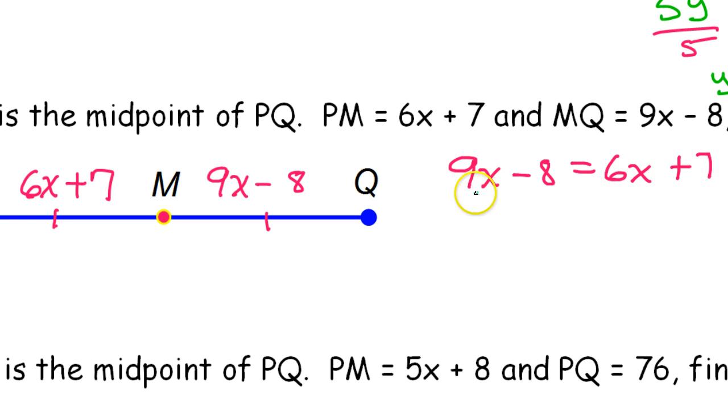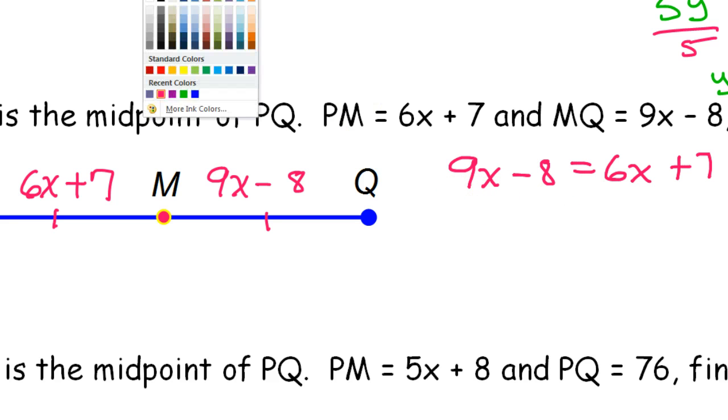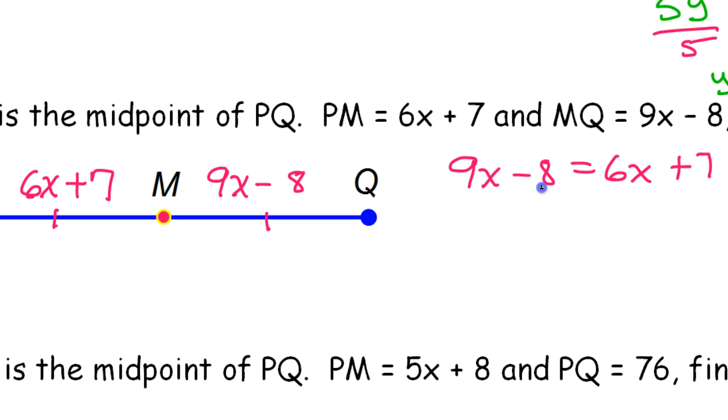I like to put the one with the larger x term first. It doesn't really matter, but that's how I do it. I'll use green. So we need to get the x's together. So let's subtract 6x from both sides. So that's going to leave us with 3x minus 8 is equal to 7.